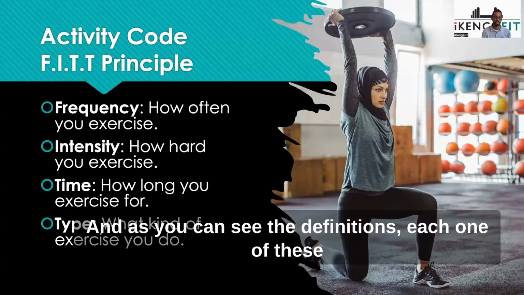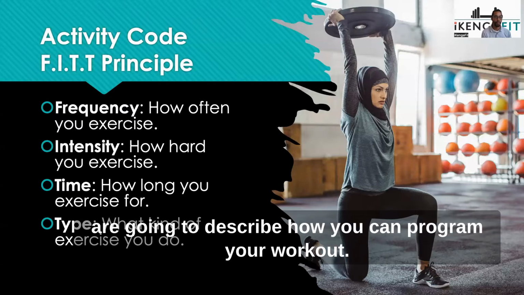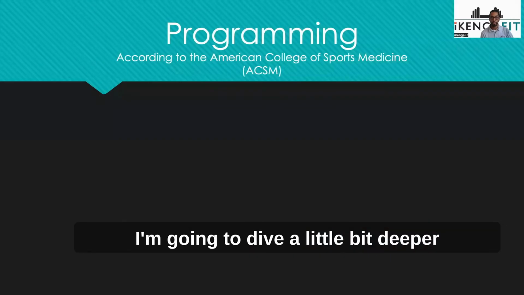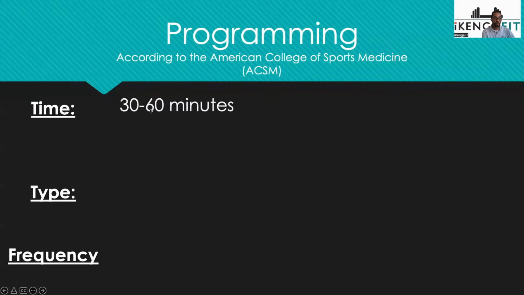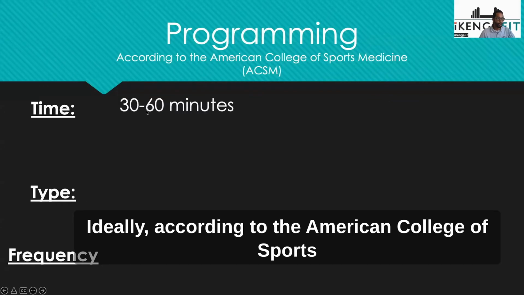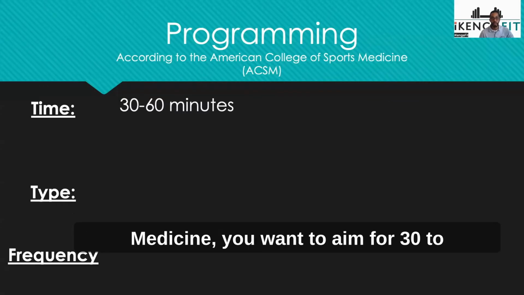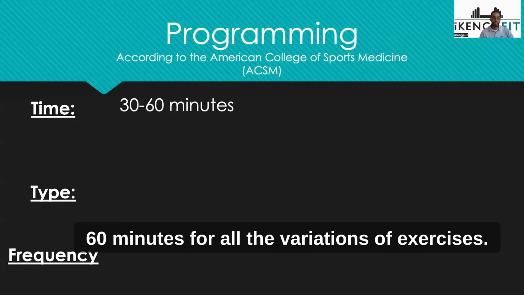As you can see from the definitions, each one of these describes how you can program your workout. I'm going to dive a little bit deeper into the programming concept of the FIT principle. Ideally, according to the American College of Sports Medicine, you want to aim for 30 to 60 minutes for all the variations of exercises.